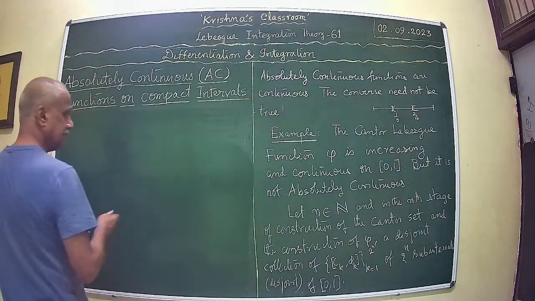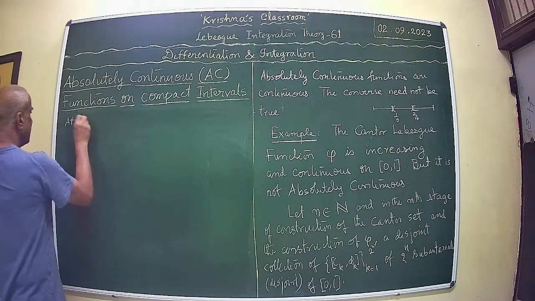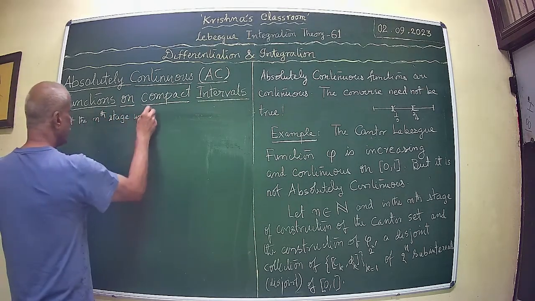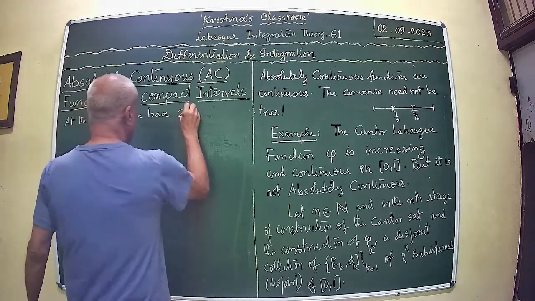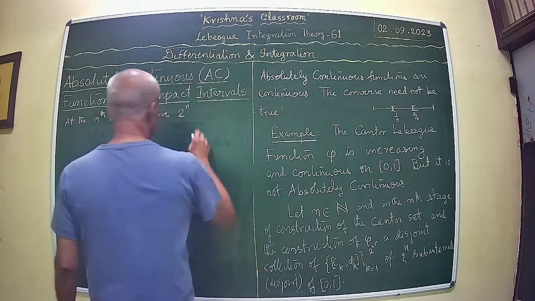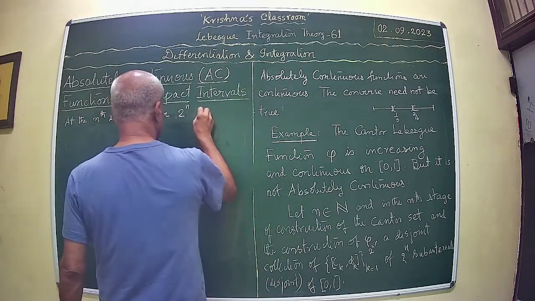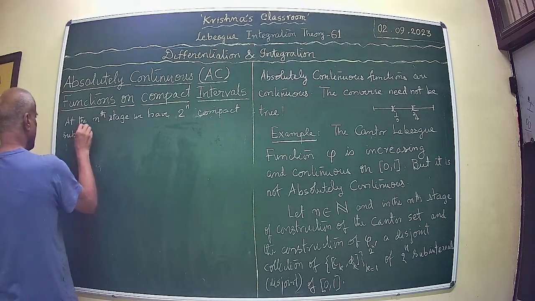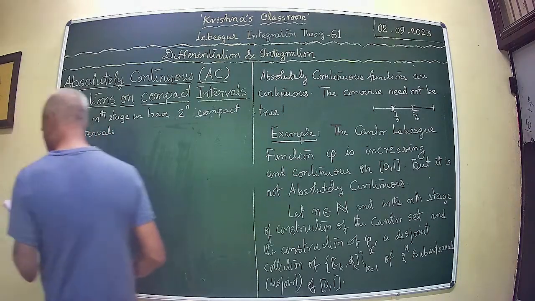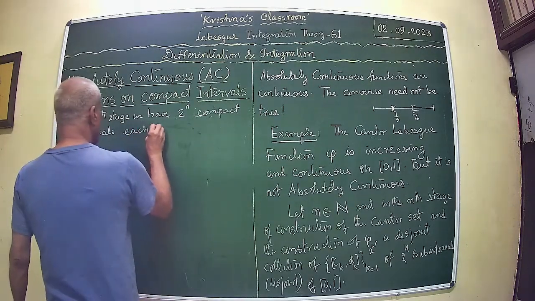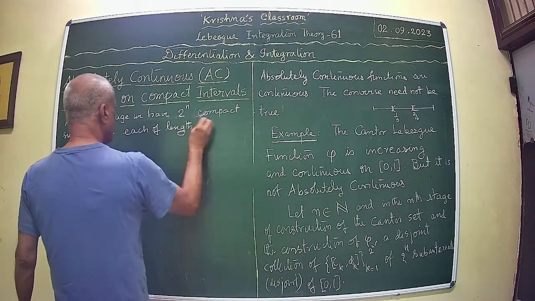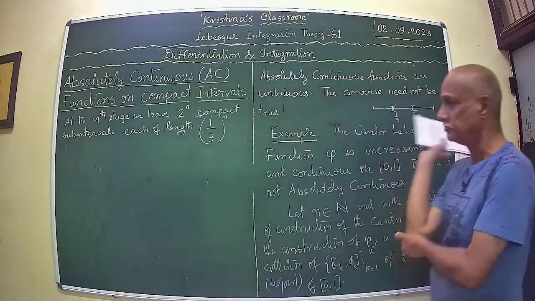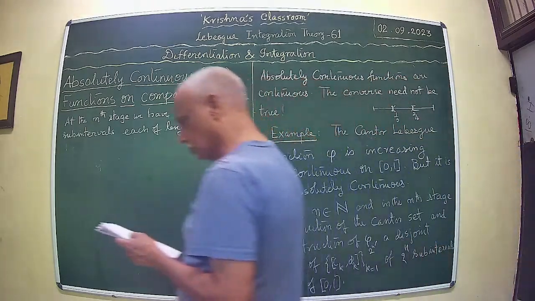So at the nth stage, we have 2 to the power n compact subintervals each of length 1 by 3 to the power n. That you can easily work out. Go through the Cantor construction.